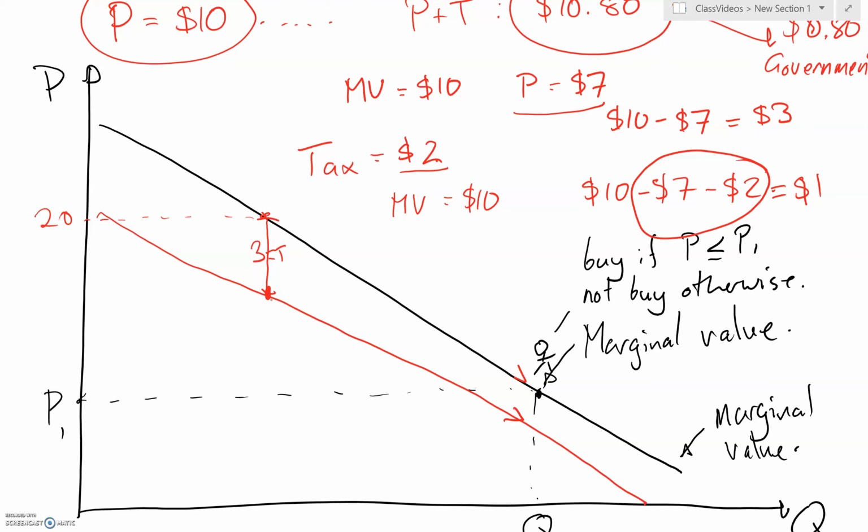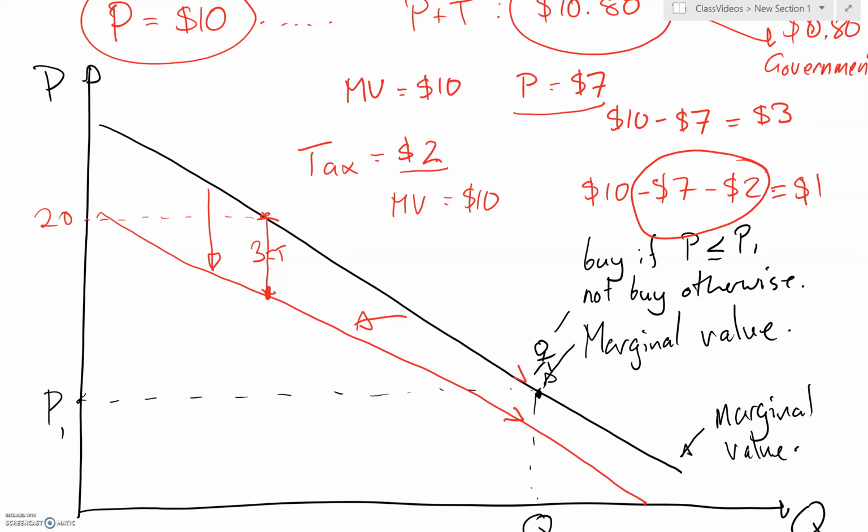This shift you could also think about as a shift to the left: if this good now comes with this characteristic that I don't like, this obligation to send money to the government, then I'm going to do less buying if prices don't change. That's the horizontal shift story. But mathematically, I think it makes more sense to think about it as a shift down, because the demand curve is now shifting down by the value of the tax.